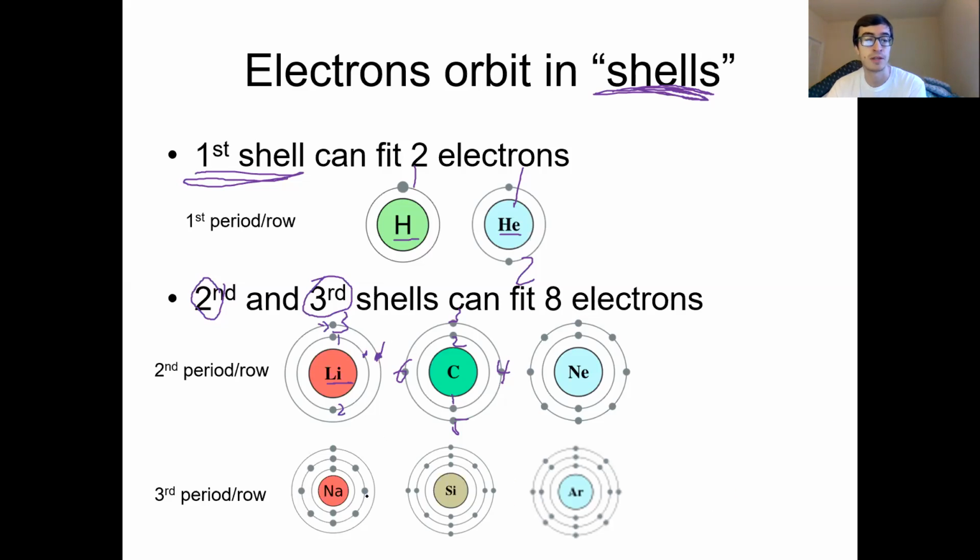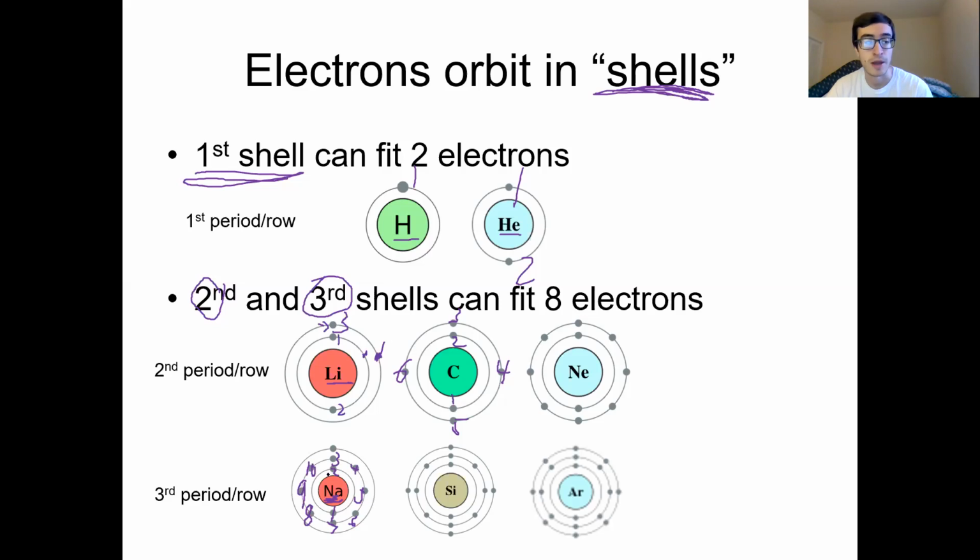All right, so what about somebody like sodium down here? We've talked about our first shell and our second shell. So sodium has 11 electrons, which means that we've got 1, 2 electrons on our first shell. Now our first shell is completely full. Then we have to put electron number 3 on the second shell, electron number 4, and 5, and 6, and 7, and 8, and 9, and electron 10 goes on the second shell.